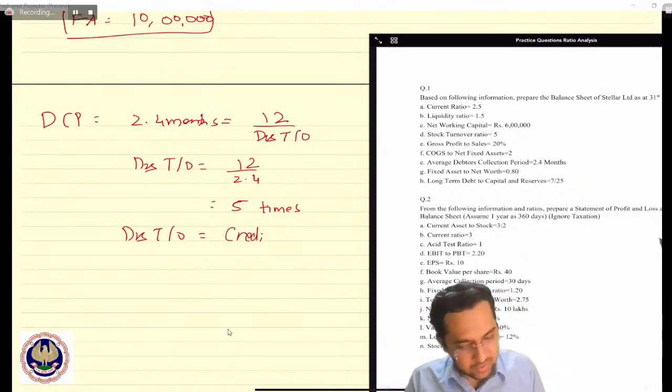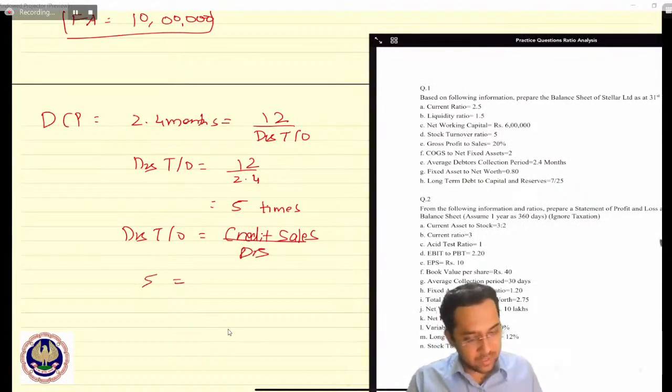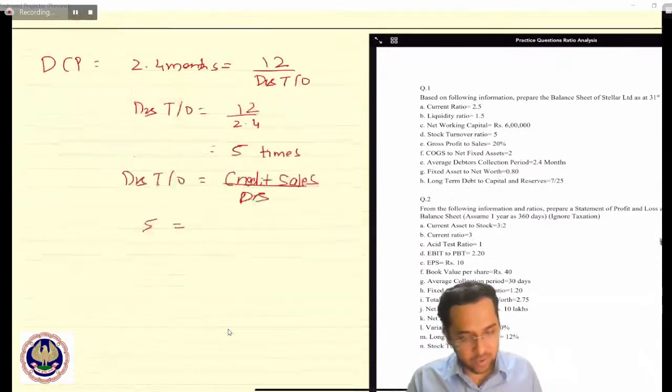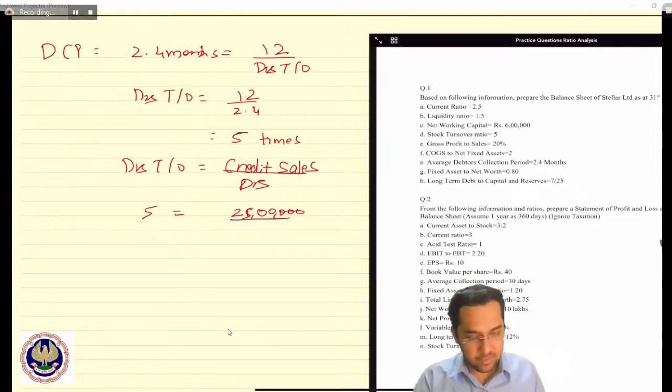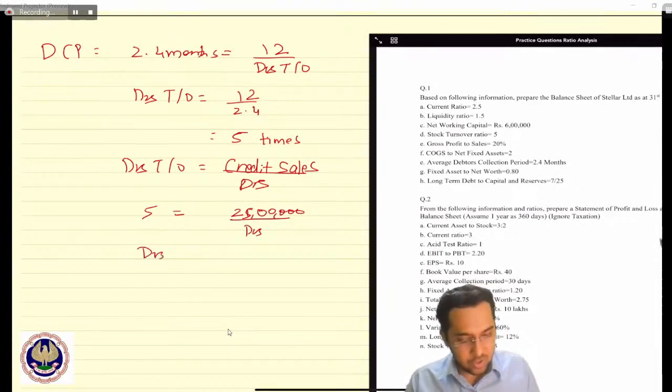So 5 equals credit sales, we'll take entire sales, upon the debtors figure. We know sales is 25 lakh, and the debtors is something which you have to find out. So debtors value will be 5 lakh.